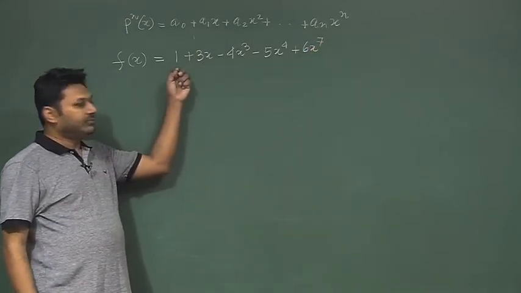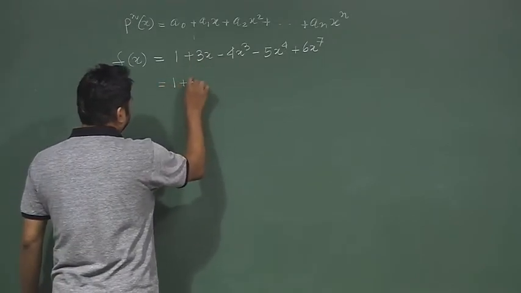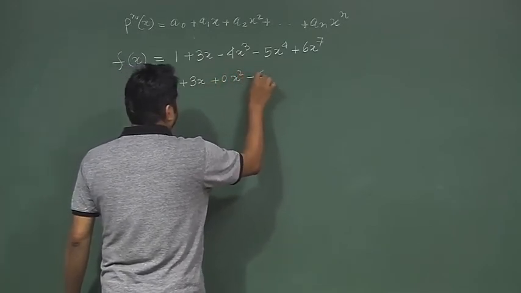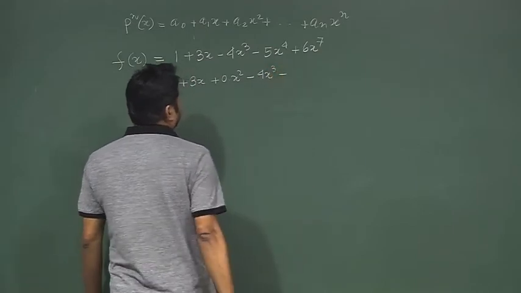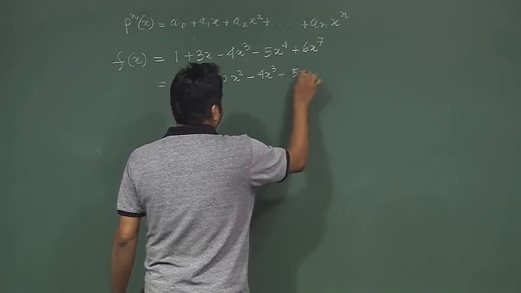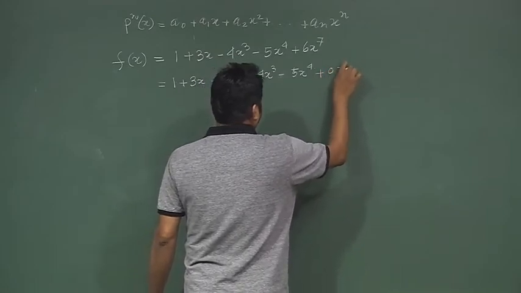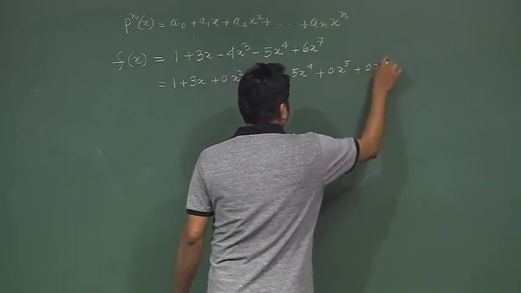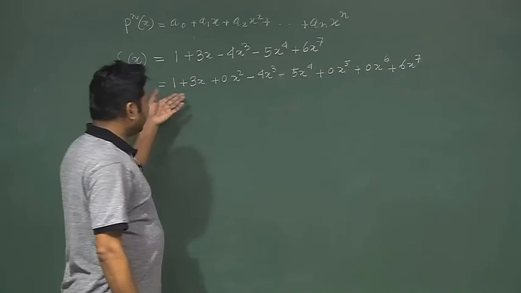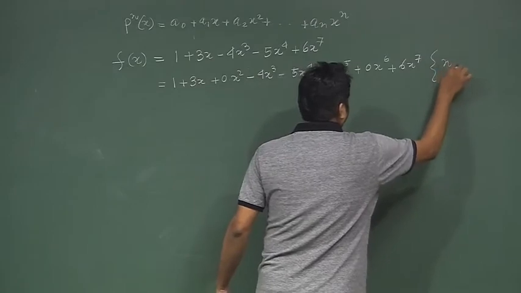You can find that a few terms, a few orders, are missing. So I can write this as 1 plus 3x plus 0 times x square minus 4 times x cube minus 5 x to the power 4 plus 0 x to the power 5 plus 0 x to the power 6 plus 6 x to the power 7. The order of this polynomial is 7, so n is 7.